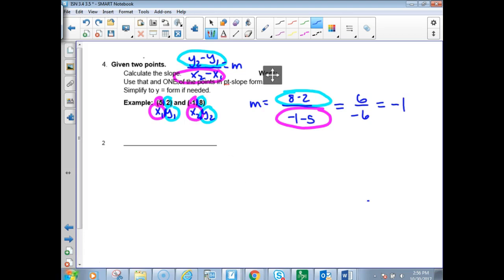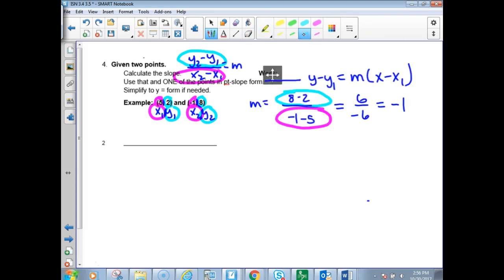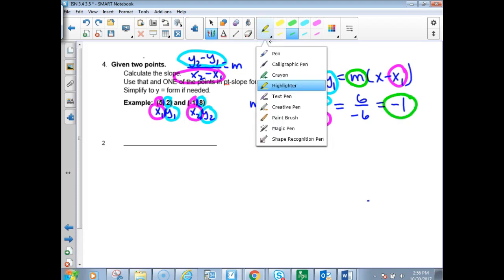Step 2 is use one of the points in the point slope form. The point slope form is y minus y1 equals m times x minus x1, where you're plugging in y and an x, and you're using, I'm going to use the x1, y1 point that we already labeled, and you're substituting in the slope, which is your m value of negative 1.